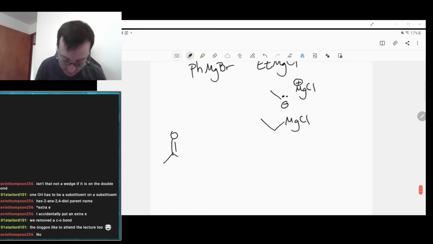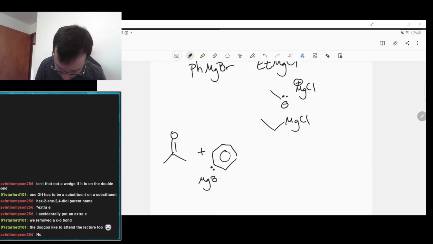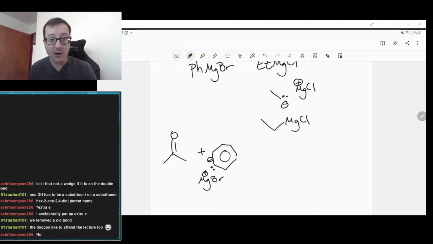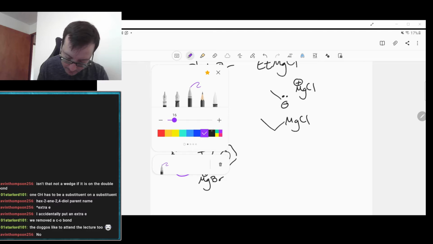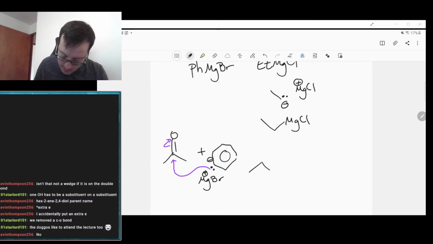So if we take our ketone and we add our Grignard reagent, we're going to pop this open. That's now stabilized by the MgBr.